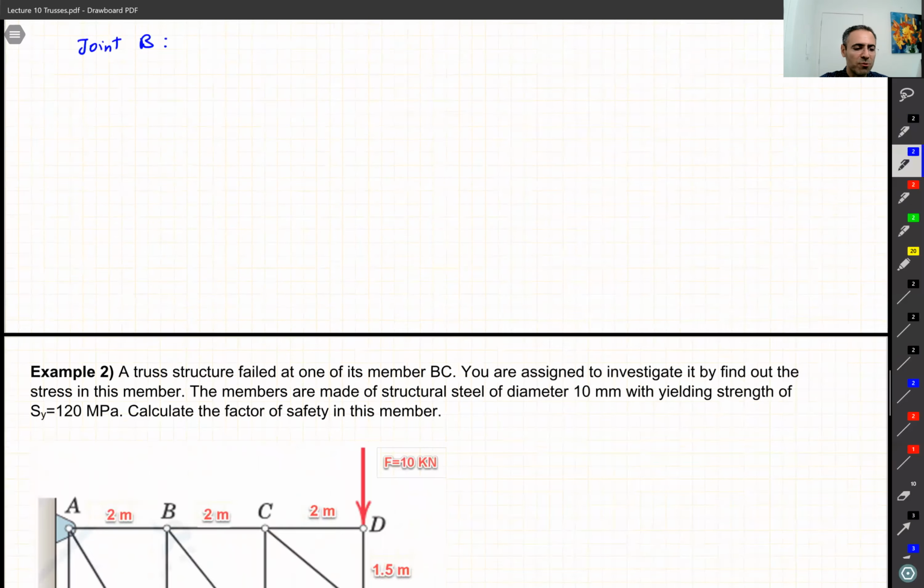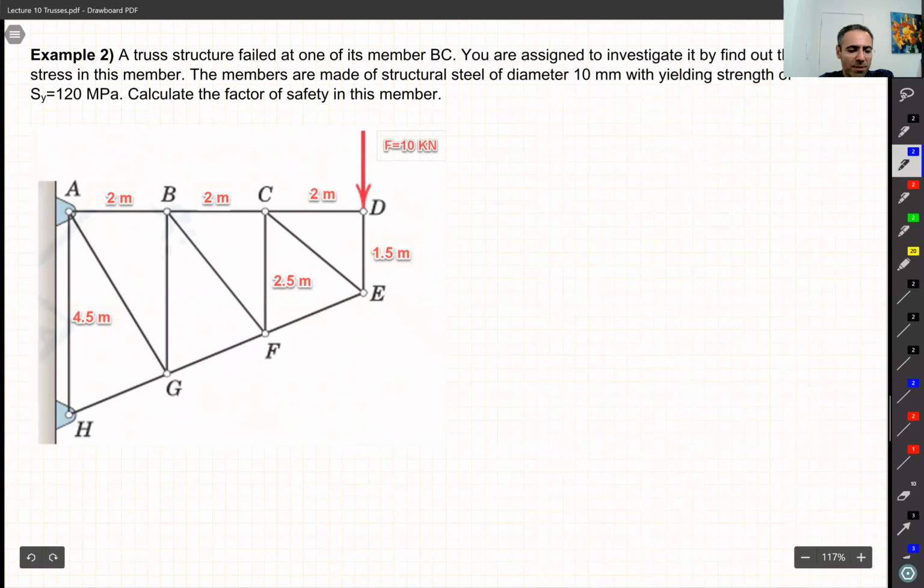Okay, let's then move to the next method. Maybe the next method can help us a little bit more. So I let you guys read this one. So I'll do the same, I'll read it.